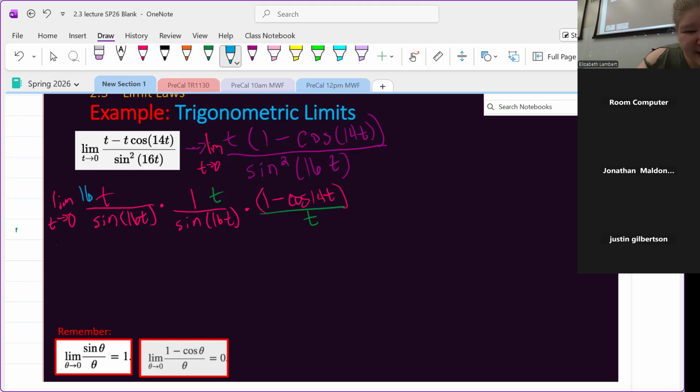But I also have to balance that by a 16 on the bottom somewhere. Now I have to do the same process on the second fraction. So I'm going to put a 16 on top and I'm going to multiply by another 1 over 16 to balance that. So I'm still multiplying by a weird form of 1.